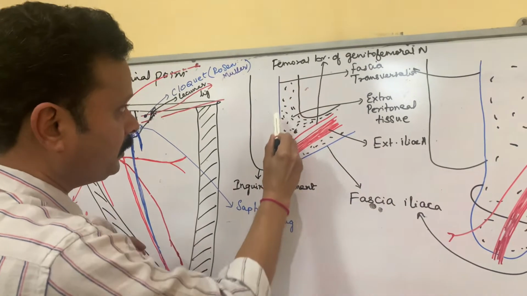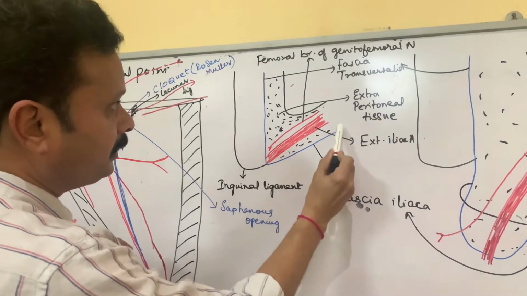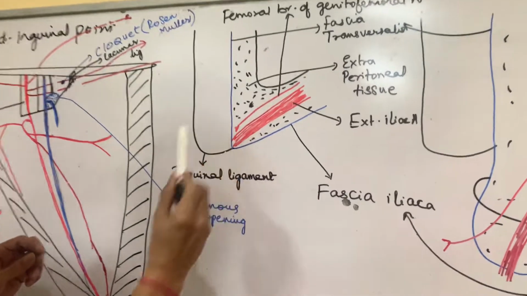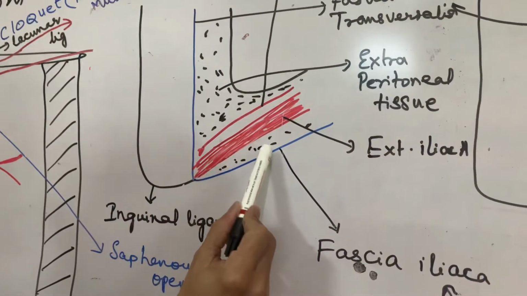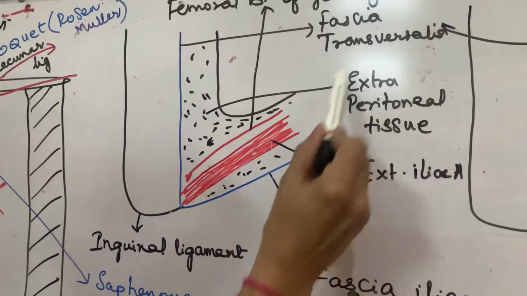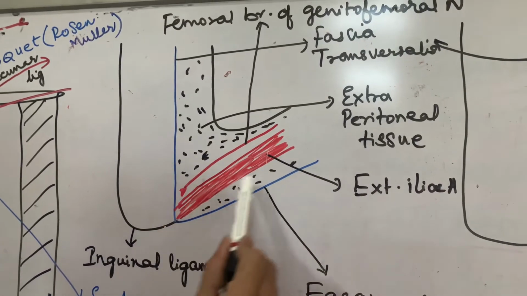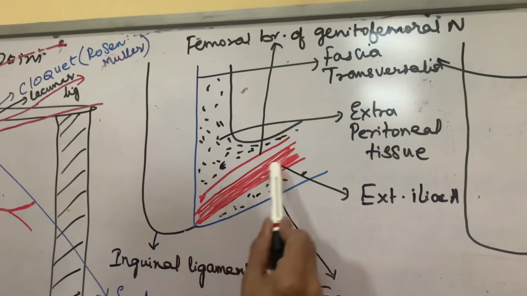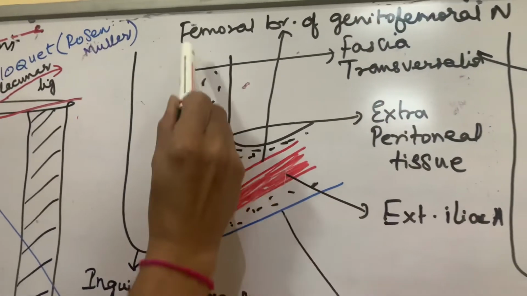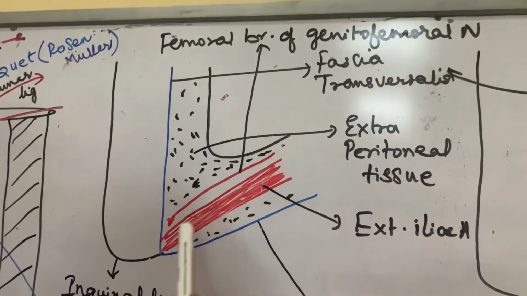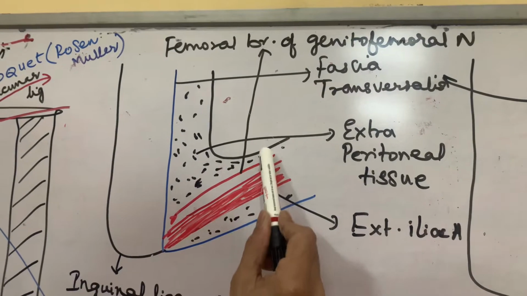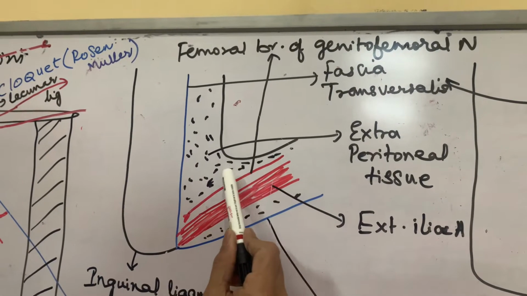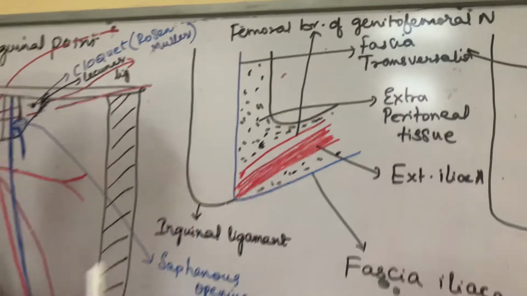This blue one is the fascia transversalis and this one is the fascia iliaca. So in between the fascia transversalis and fascia iliaca, within this extraperitoneal connective tissue lies the external iliac artery and external iliac vein along with the femoral branch of genitofemoral nerve.